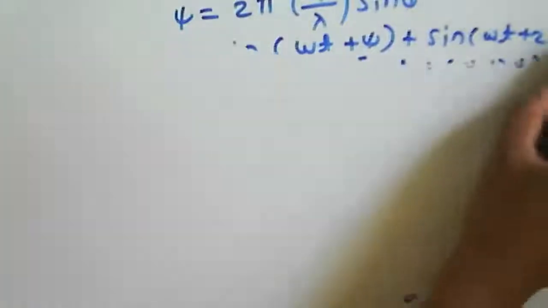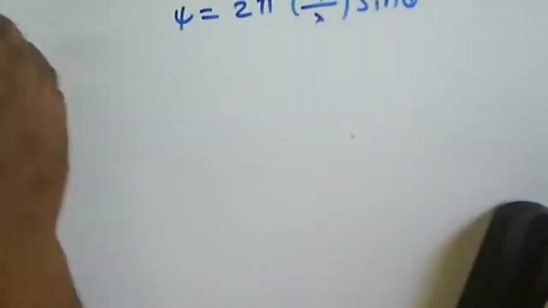So we can write here what will be the normalized radiation pattern value.